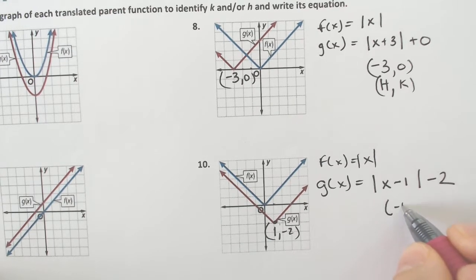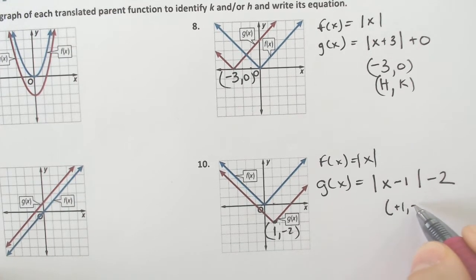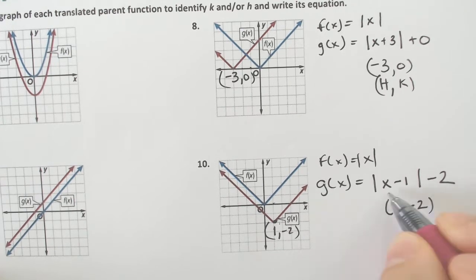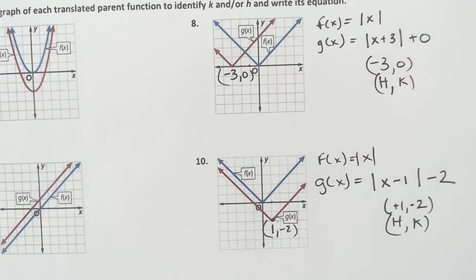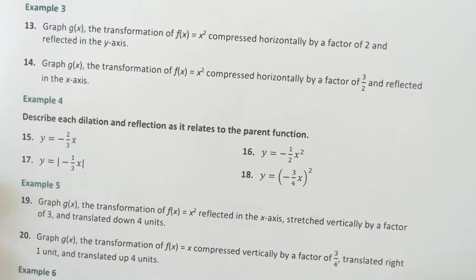And your vertex, as always, would be change-keep as well from the equation to get your h and your k, which would be +1, -2 for h and k, respectively. All right, moving right along. Those are really similar to the notes.